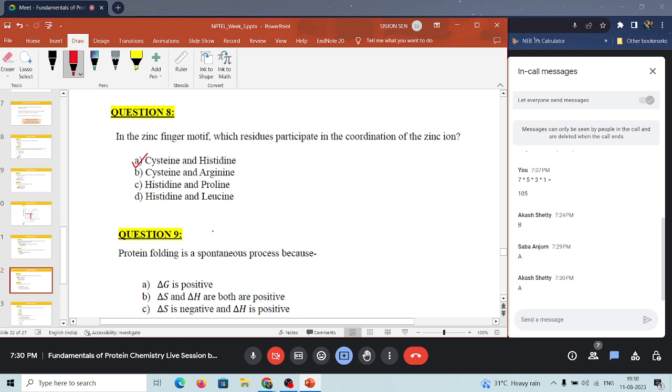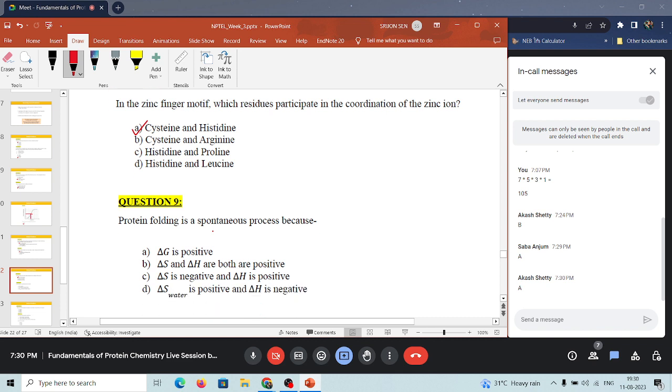Okay, now the next question is, protein folding is a spontaneous process because, so why can you tell that protein folding is a spontaneous process? The del G is positive; the del S and del H are both positive; del S is negative and del H is positive; and del S of water is positive and del H is negative.